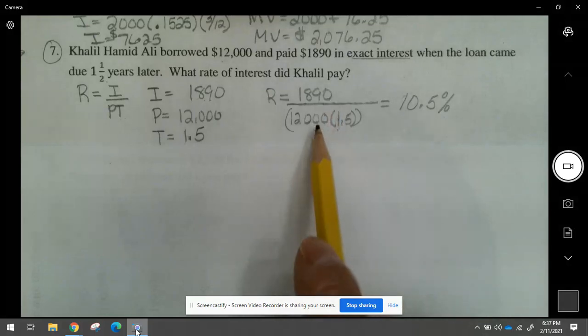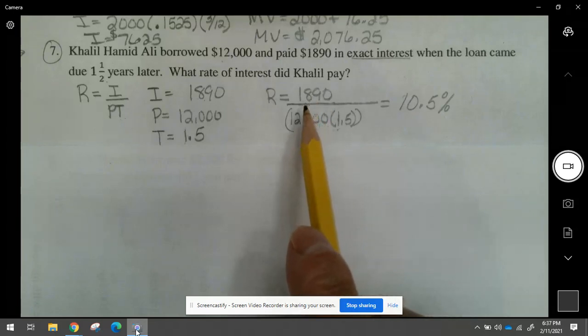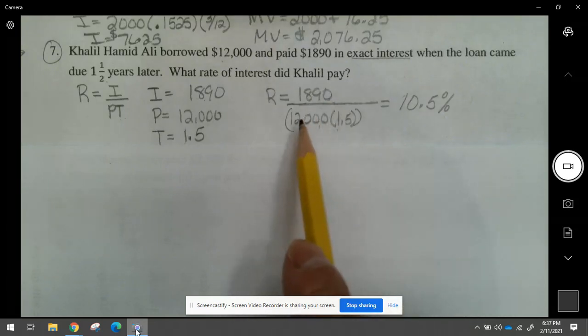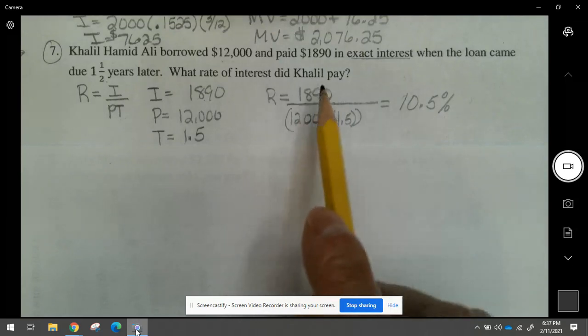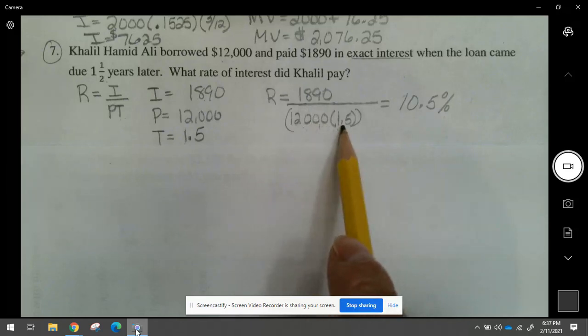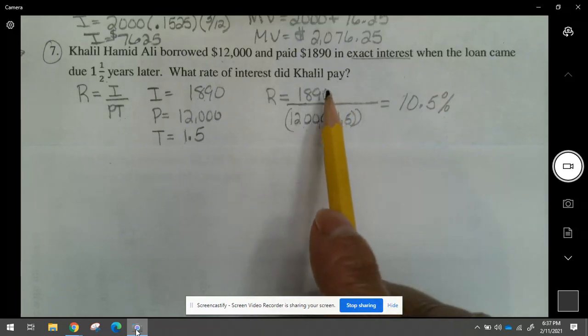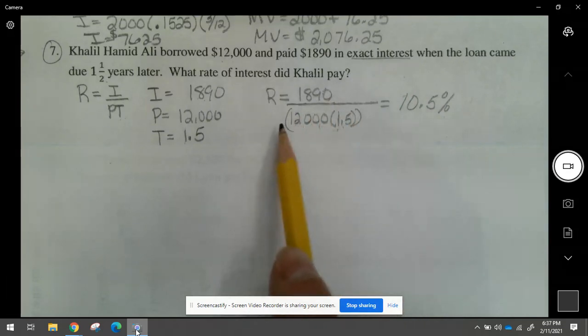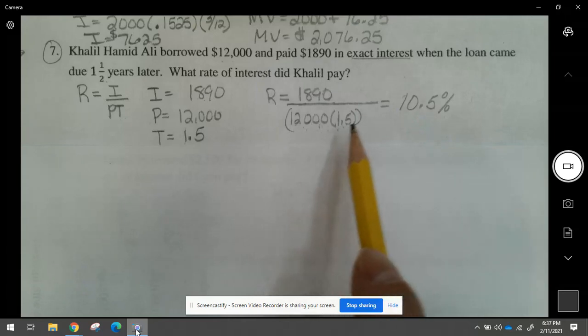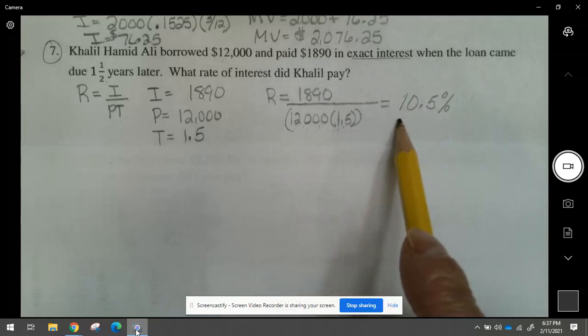If you don't do that, you're going to have errors, okay? Because if you just put 1890 divided by 12,000 in your calculator and you don't put the parenthesis first, it's going to do that first, then multiply. We don't want that. We want this value divided by this product. These two things multiplied together, okay? So in this one, you'll get 10.5%.